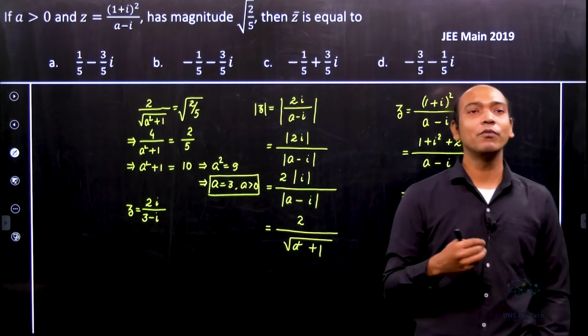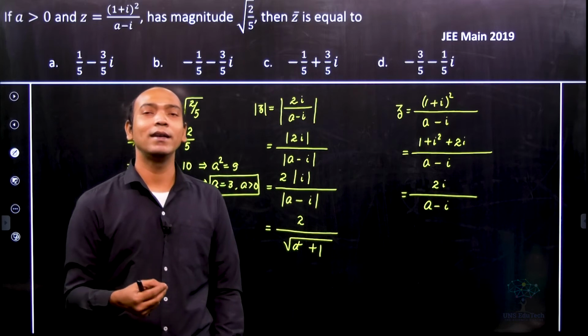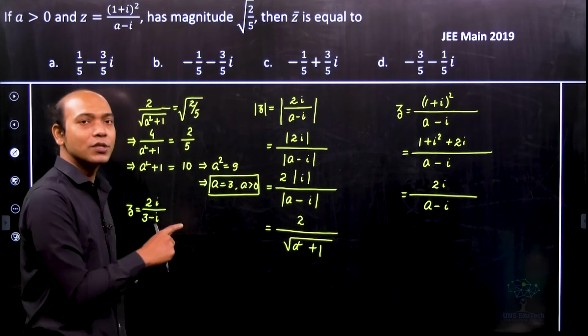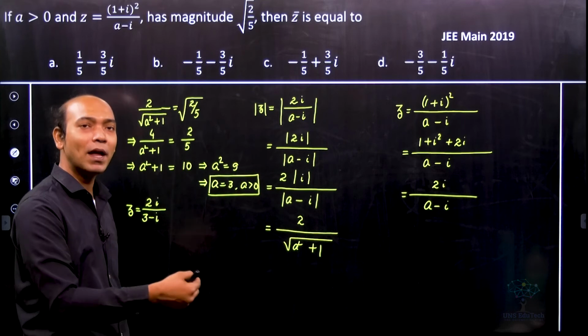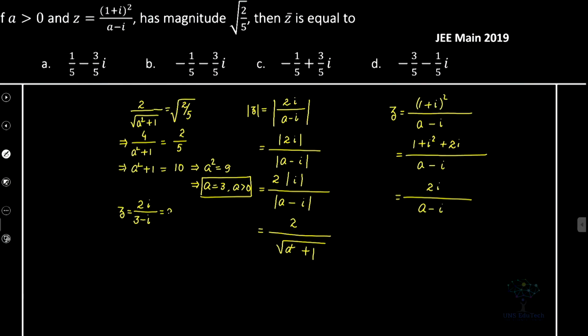Now, to find the conjugate, we have to write it in the a plus ib form, but it's not there. So therefore, we have to multiply by the conjugate. So 2i, we multiply by the conjugate 3 plus i, and 3 minus i into 3 plus i. That's easy.